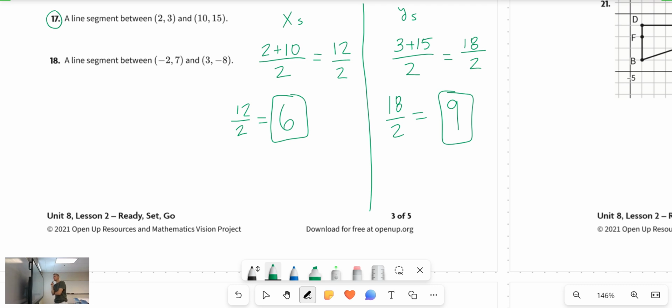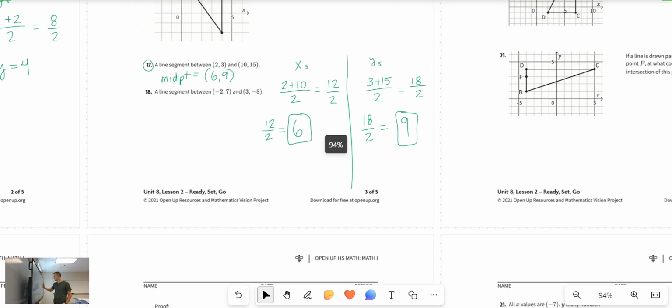So we have 6 and 9. So our line segment has the midpoint of 6 comma 9. All right, and we are done with number 17.